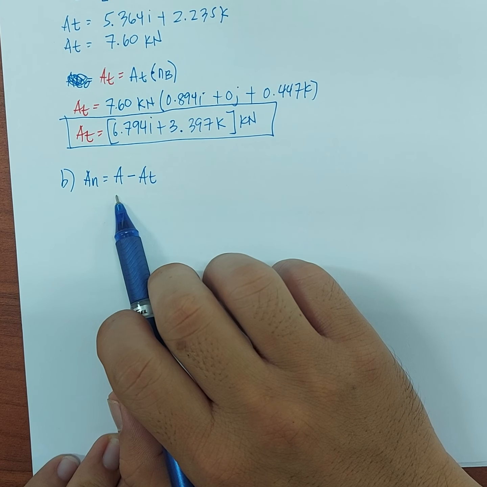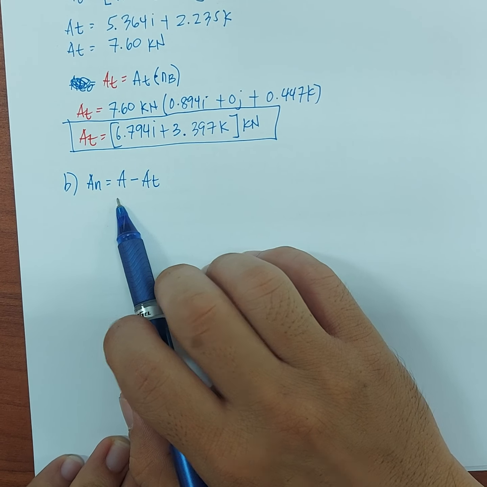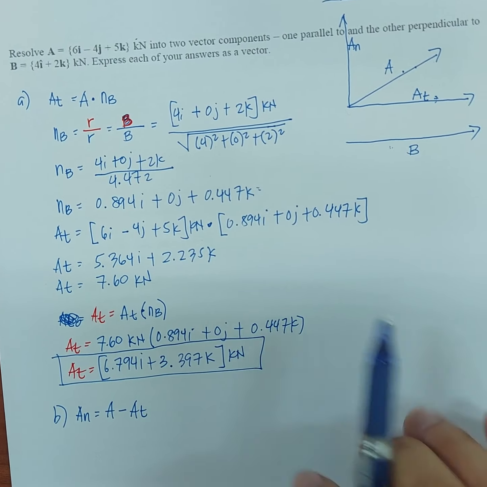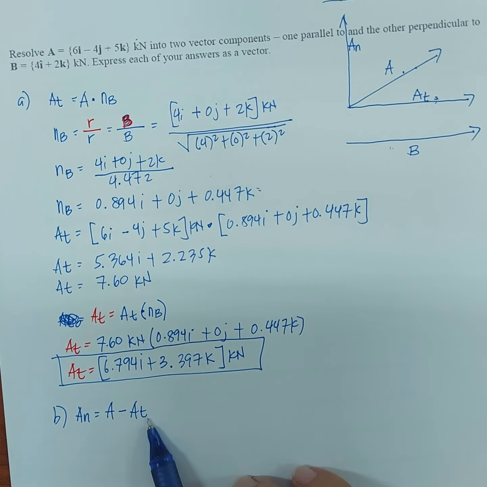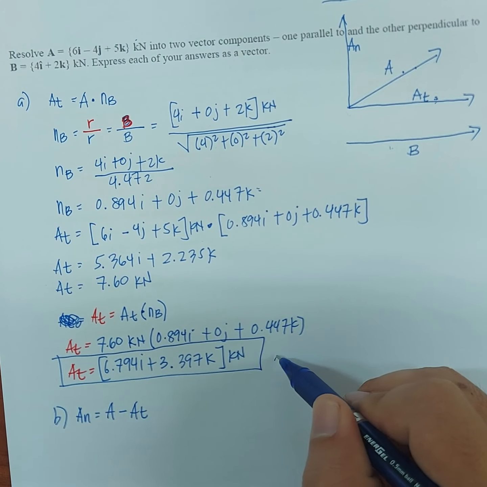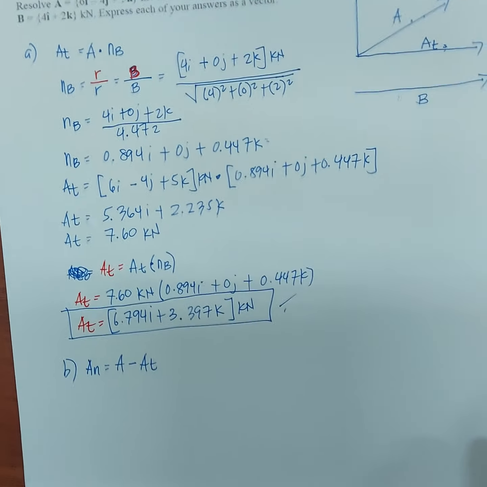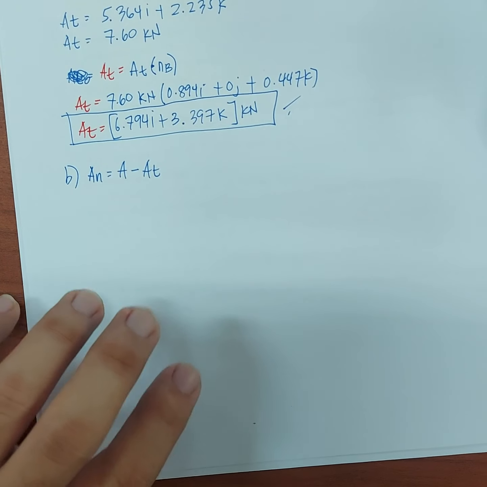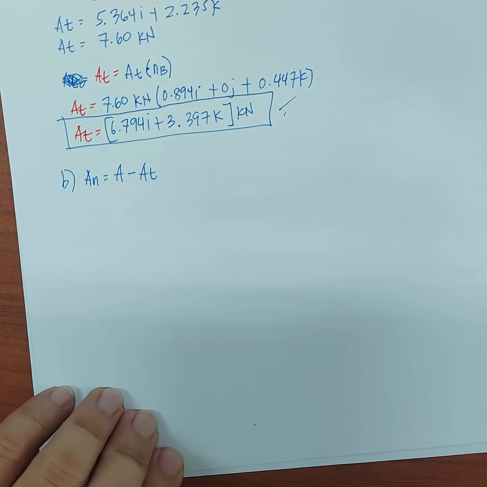A is already given. So what is our A in this problem? This is our A. And this is the 80, do we know it already? Okay, so we can easily solve for AN. Let's do it.